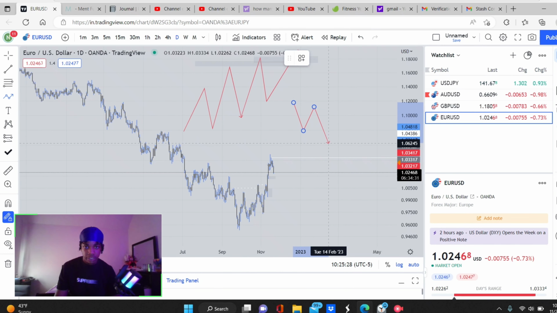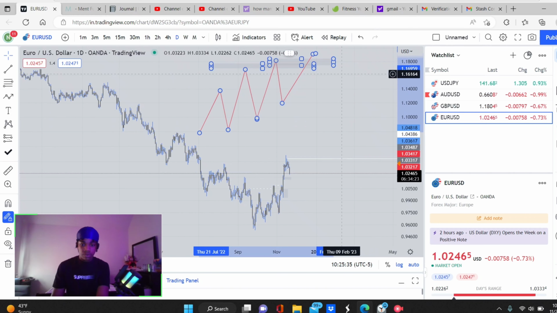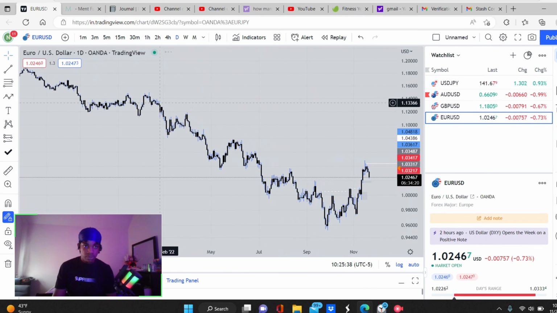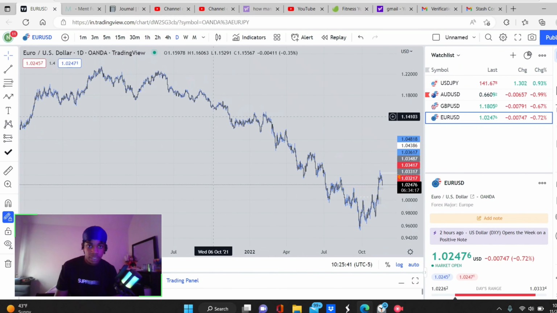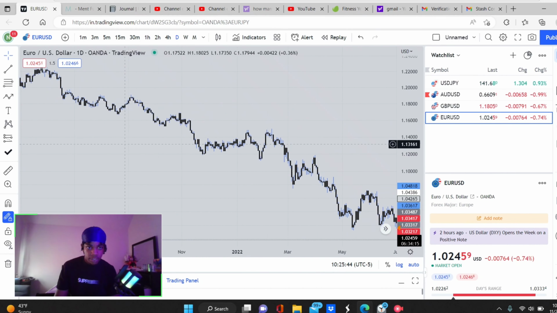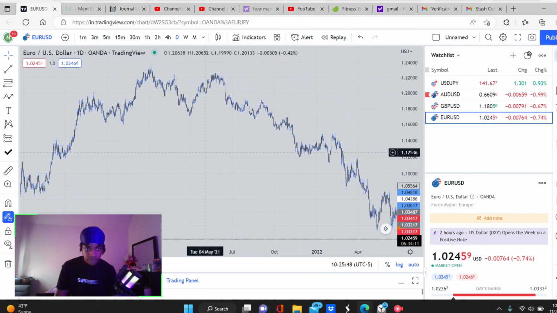we can anticipate the low ran, comes up, the low ran. All right, and as you can see, we have Euro USD. Euro USD has been bearish for a long time, and as you can see, let's zoom out.